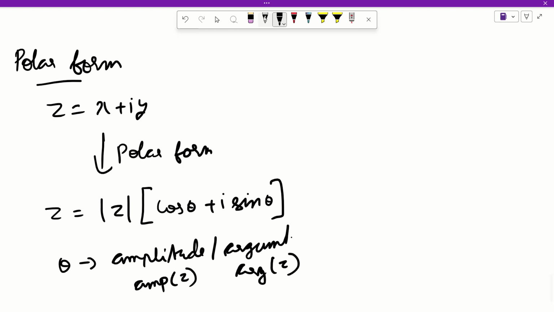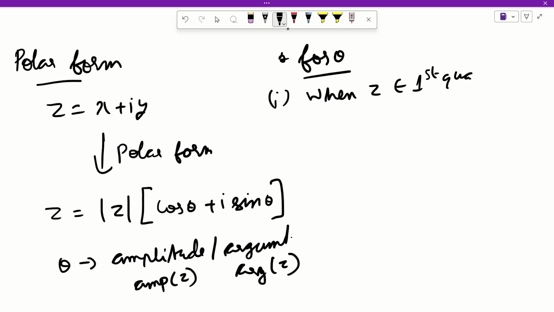Next one is for theta. First condition: when z belongs to the first quadrant, what will be the value of theta? Theta is simply tan inverse y by x.